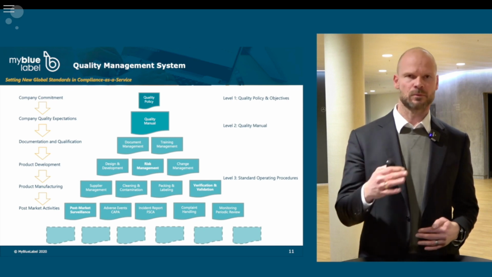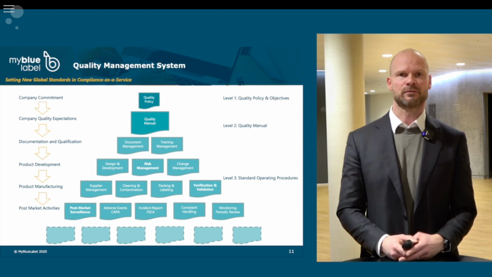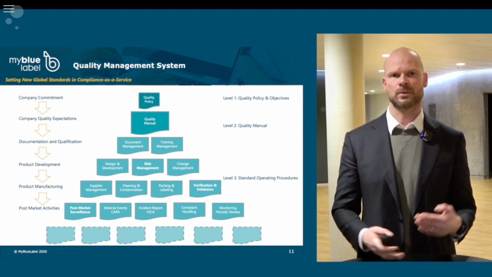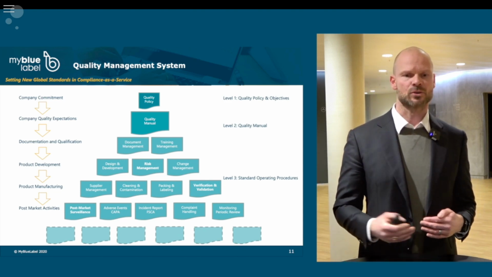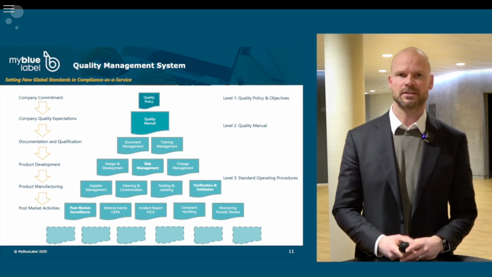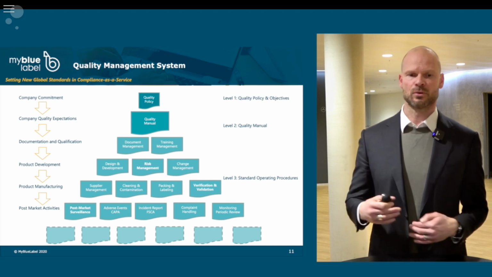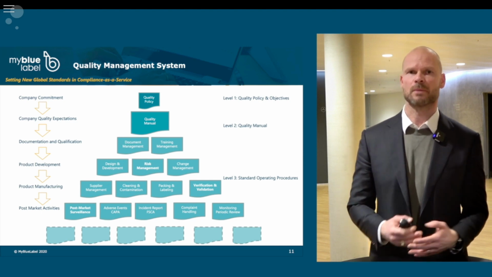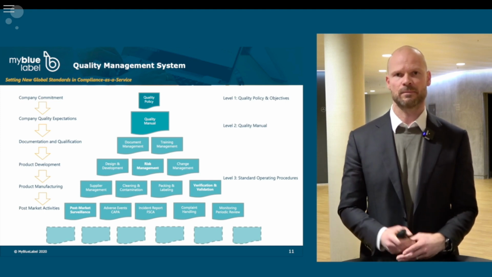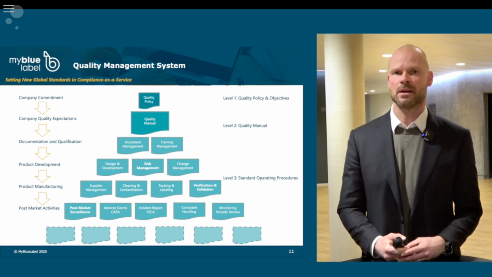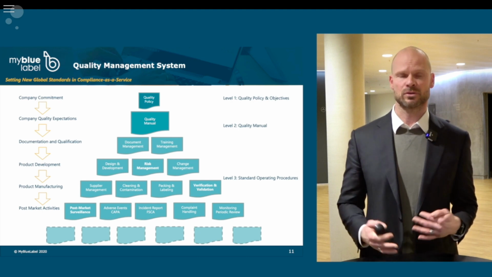But the quality management system will cover all the levels of your company, from early quality expectations, and then they go into your documentation and qualifications, and from there we need to talk about product development and also manufacturing, and in the end post-market surveillance is a topic that is highly focused right now, because there have been incidents in the industry occurring because the post-market surveillance activity has not been carried out very well.